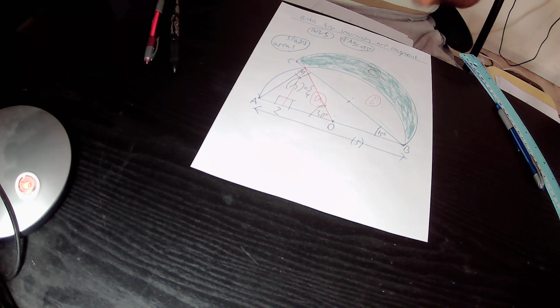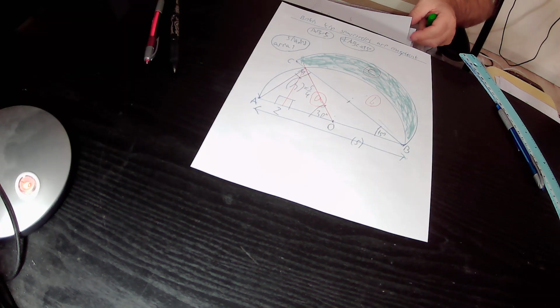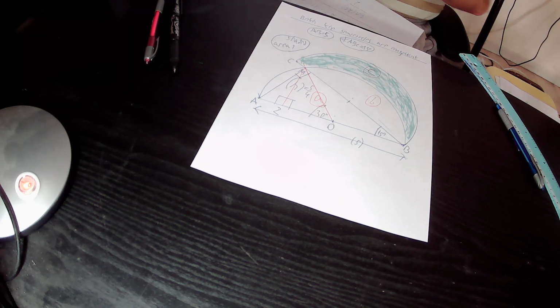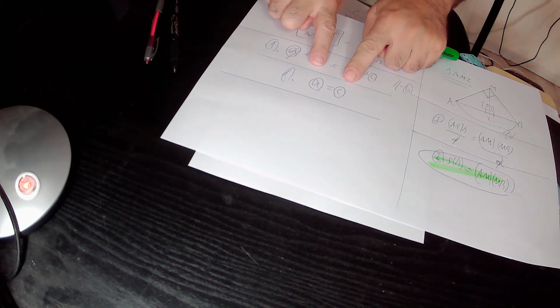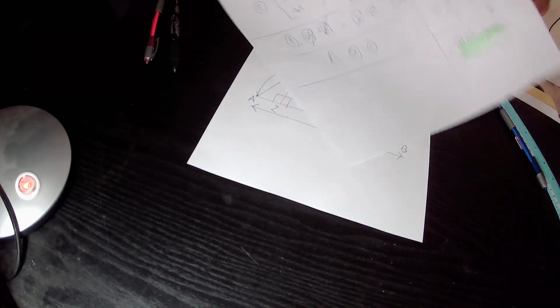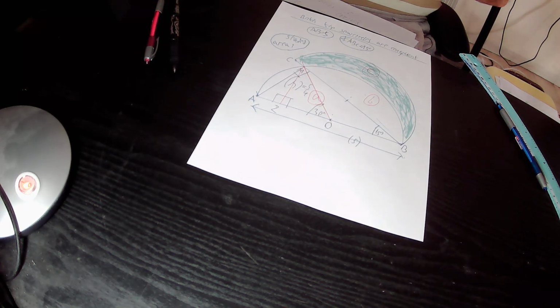Okay, so our task is to find out the size of this shaded area. We have already found out that A equals C. What is C?